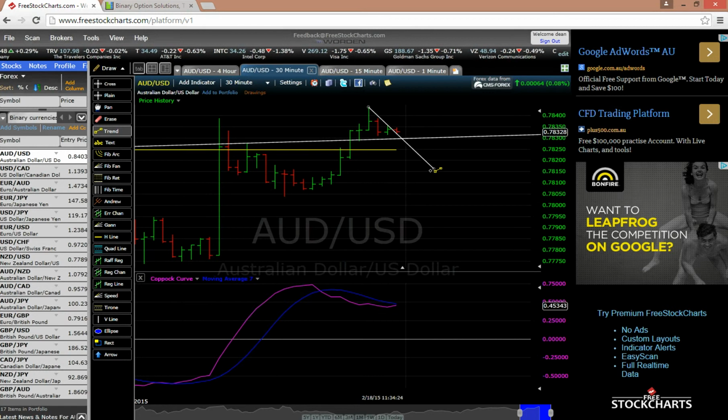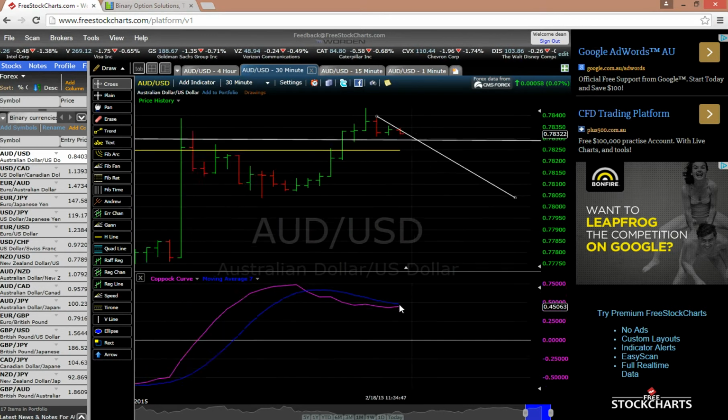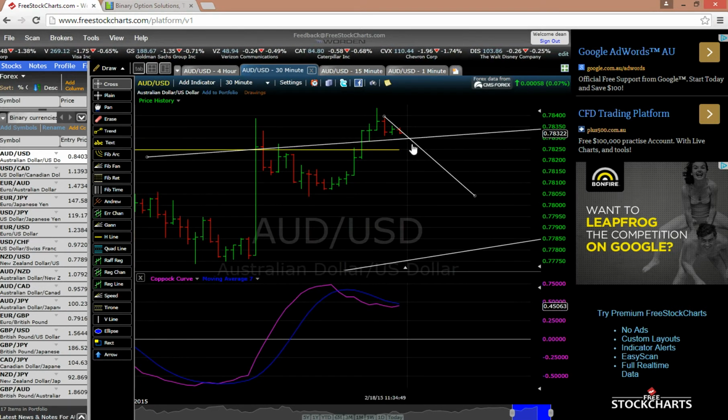Even on that candle, it's still hovering around the support there. We'll use the top of that one. We could go there. As you see, even there, it still hasn't quite come through. We should be going in soon, as the copper curve indicator suggests.